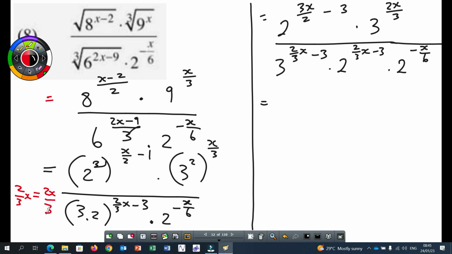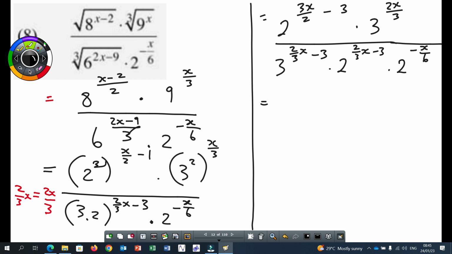It's the same, so you mustn't get confused there. 2 over 3 times x is the same as 2x over 3. So from there, now I can use law 1 and law 2. In the end, you have to apply your law 1, your law 2.